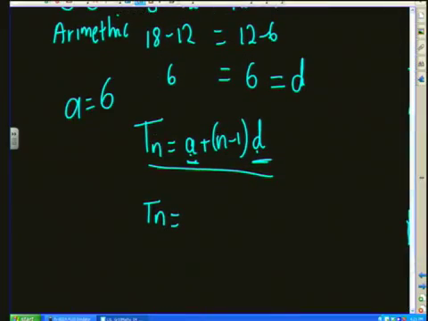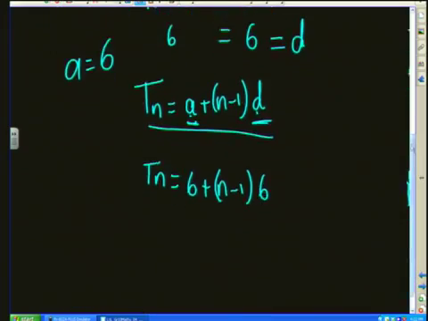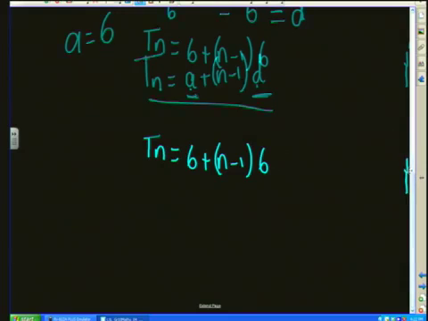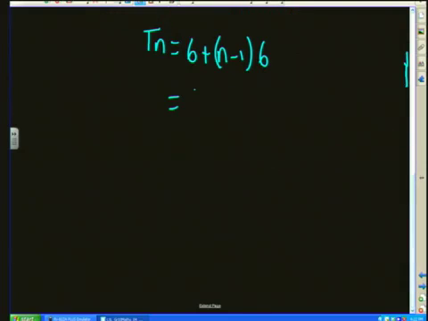I can put that in, and in my formula, I'm going to get Tn is equal to 6, I replace a with 6, plus (n minus 1) times my difference d, which is also 6. Okay, we then multiply everything out, and let's see what we get. So we're going to get 6 plus 6n minus 6, and that just gives us an answer of 6n. So Tn is equal to 6n.